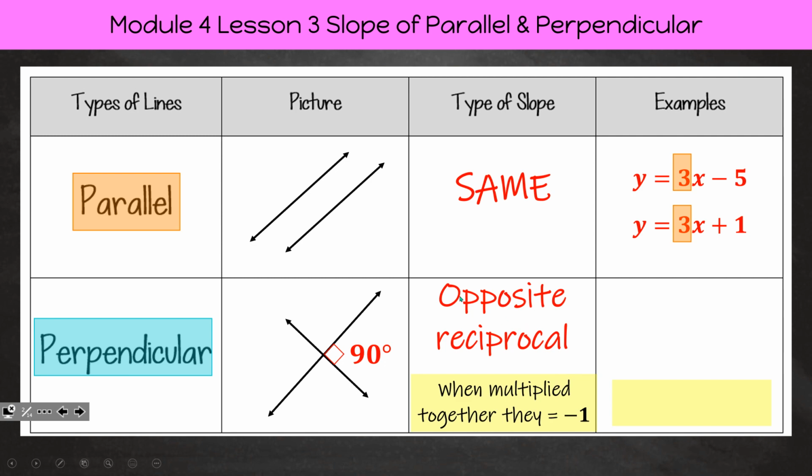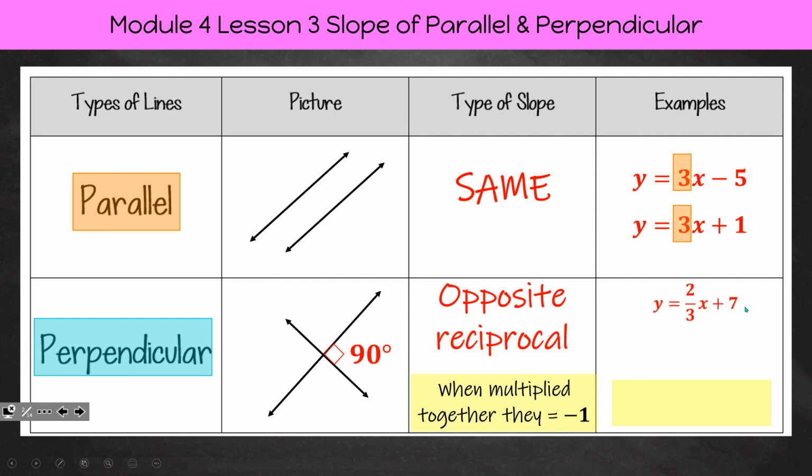What that means is that if it's positive, it becomes negative. And a reciprocal means if it's 2/3, it would be 3/2, so your fraction is flipping, okay? And we can identify an opposite reciprocal because when we multiply these slopes together, they become -1.